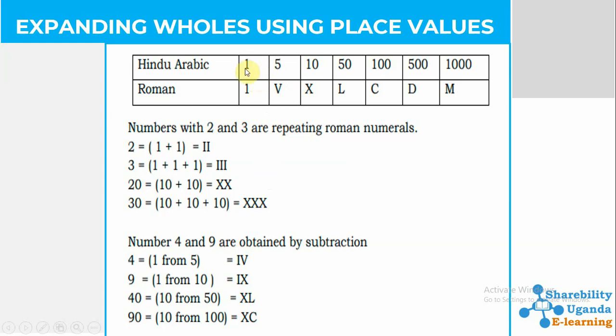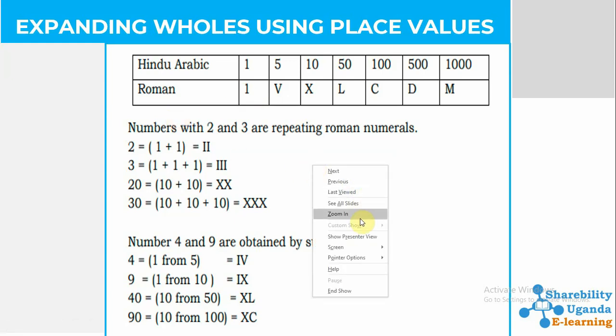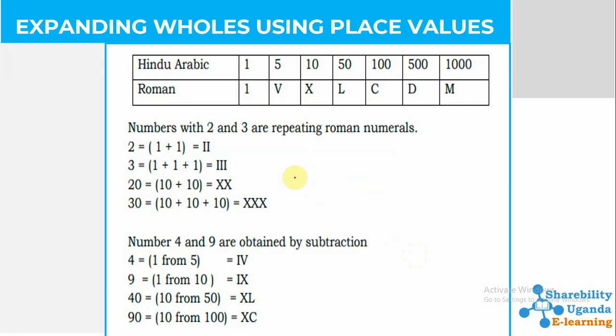So we have our one here. How do we write our one? Our one is written as I, like we write what we call alphabets. Let me get a pen tool here. Remember, we have alphabets and we have numbers.